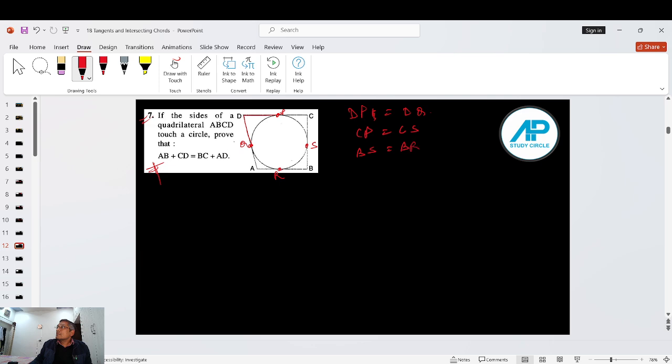BS equals BR. AQ equals AR. So these are the first, second, third and fourth equations, and they all have the same property: tangents from an external point.